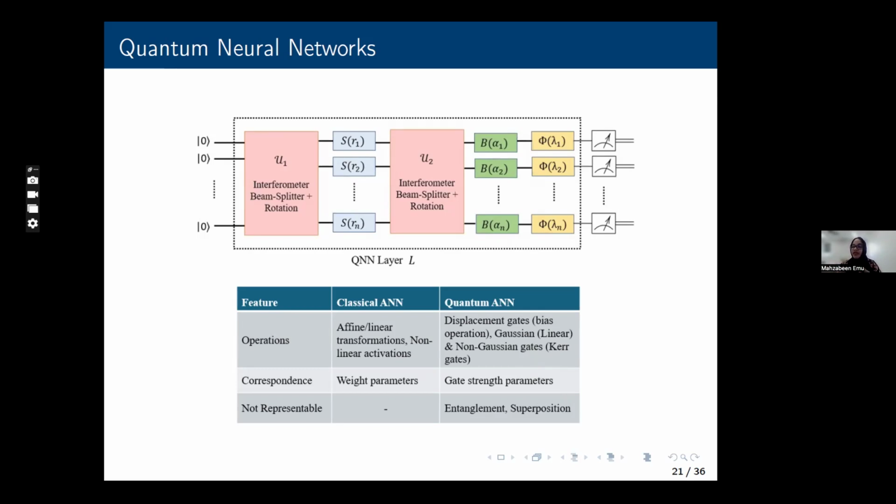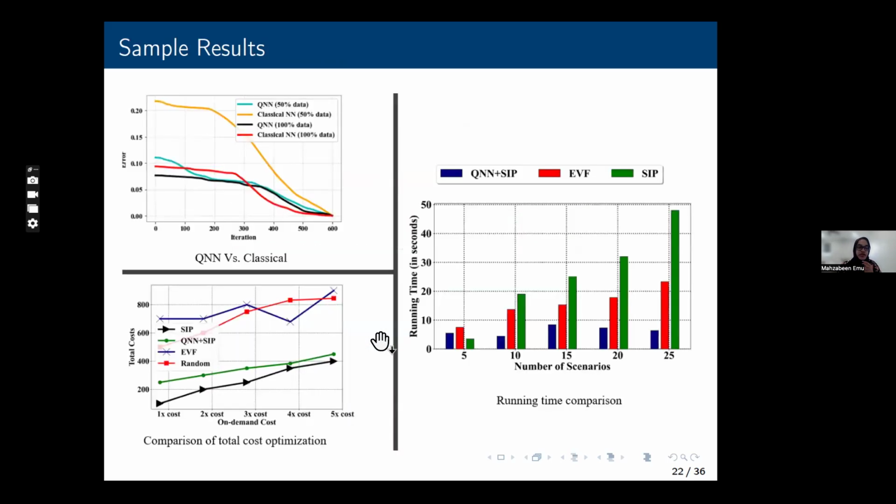Likewise, in the quantum computer, we have gate strength parameters that reflect the weight parameters, and some quantum properties like entanglement and superposition, which I described earlier in my slides, cannot be simulated in classical neural networks at all.